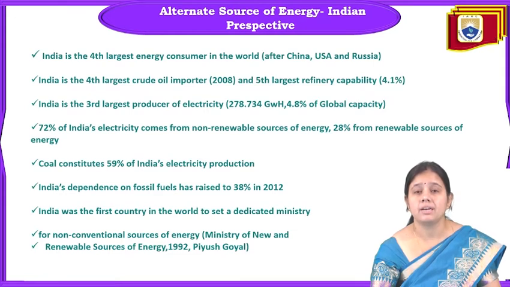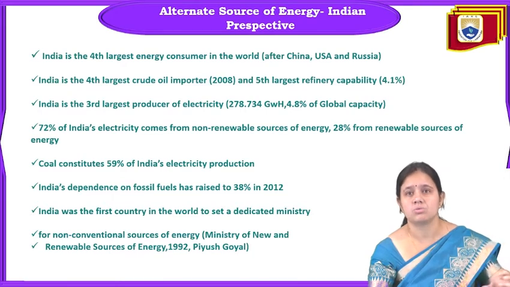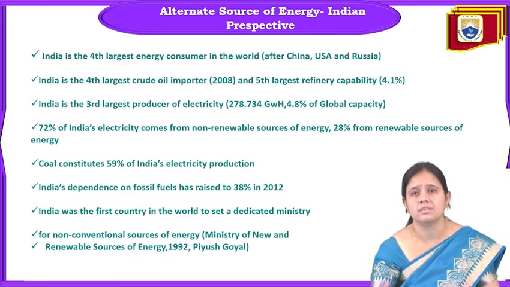Developed nations have very advanced energy production and controlled population, but in India the population is too much and we are among the highest energy consumers. So it is very important for our country to find some alternate source of energy.